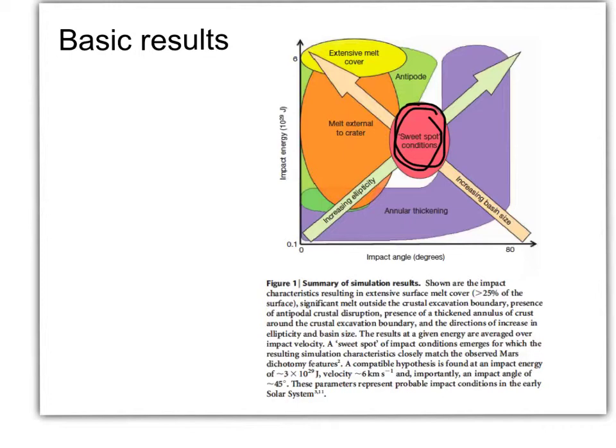No, it would not have been way late. If we compared to the early bombardment period, would it be towards the end of that? No, this would have been before Hellas. So why is there so much less in the north if that was an early crater?